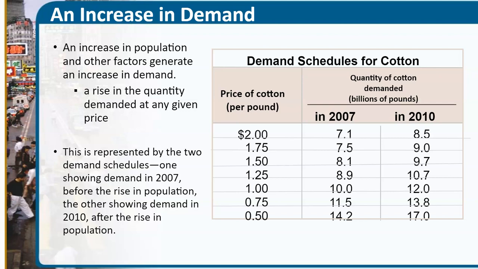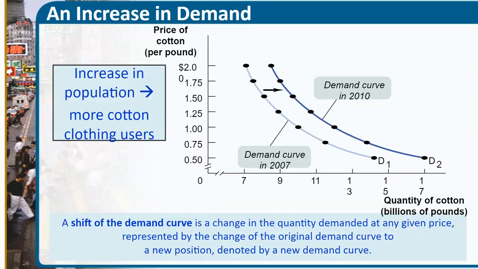Even though the prices stay the same, the quantity demanded of cotton at $2 increases by 1.4 billion pounds. This is significant to demonstrate not just the downward sloping demand curve, but now a shift in that demand curve. Because of the increase in population, we now see a demand curve at D2 rather than D1.